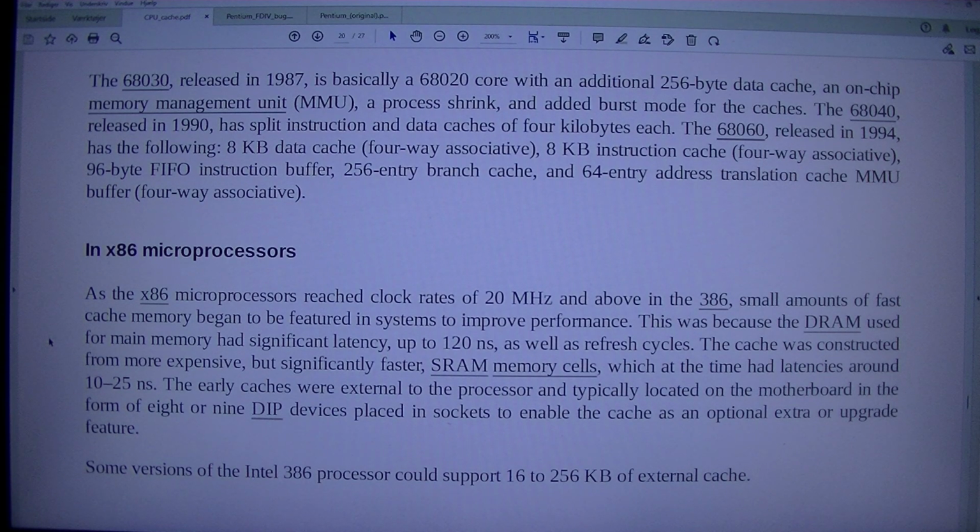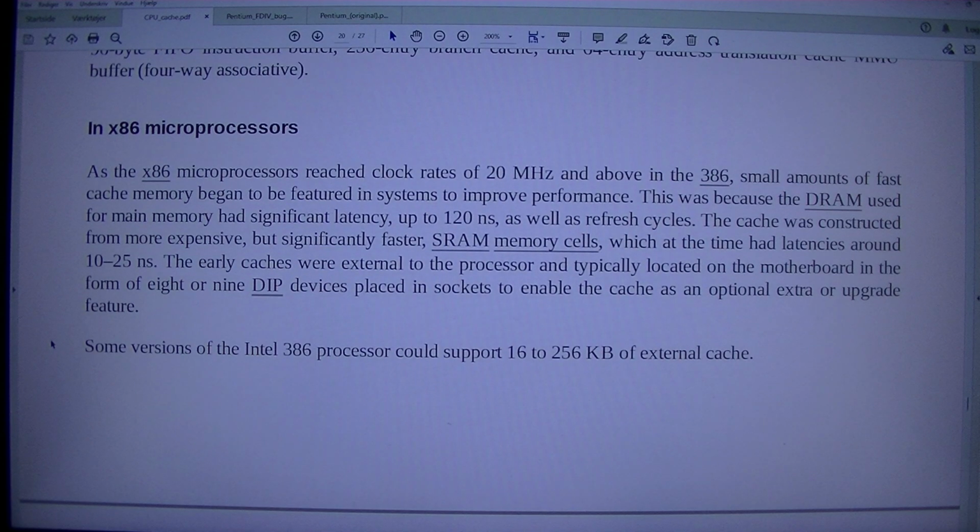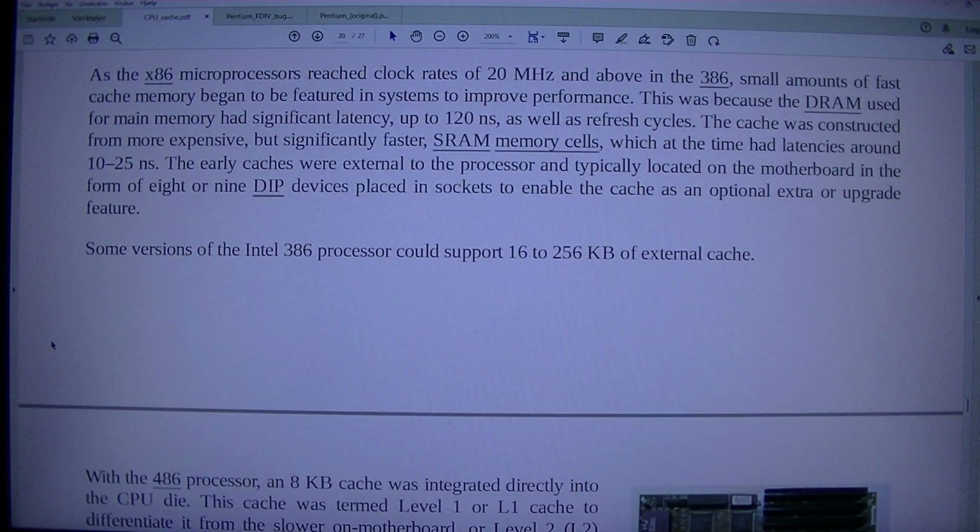In x86 microprocessors. As the x86 microprocessors reached clock rates of 20 MHz and above in the 386, small amounts of fast cache memory began to be featured in systems to improve performance. This was because the DRAM used for main memory had significant latency, up to 120 ns, as well as refresh cycles.